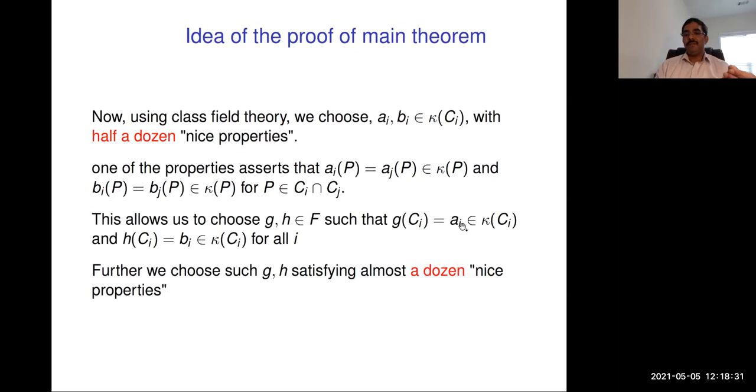So let's talk about lifting a_i. So we're getting some g with this property. Actually, I didn't write complete details here, but because there are two different characteristics, sometimes kappa(C_i) could be of characteristic l, in which case we are looking at the Artin-Schreier extension. And sometimes if the characteristic of kappa(C_i) is not equal to l, there we are looking at the Kummer extension. So we have to balance these two, so we have to lift it suitably.